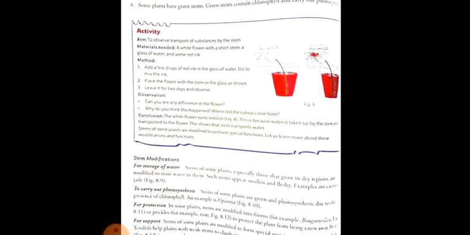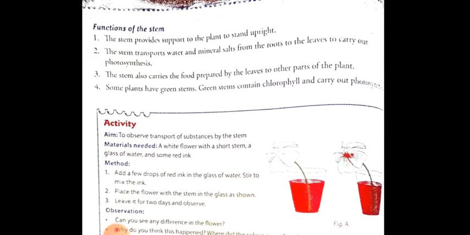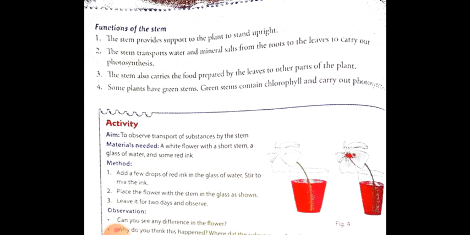Then we saw some of the functions of the stems. The functions of the stem are to provide support to the plant, to make it stand upright, and to transport water, minerals and salts from the roots to the leaves to carry out photosynthesis. Third, it also carries out photosynthesis, as the stems of some plants are green.